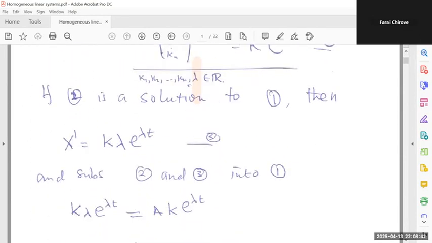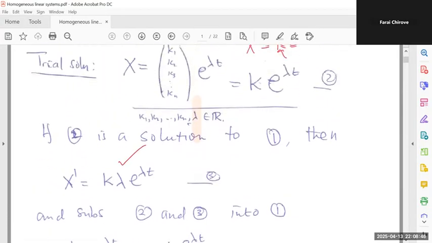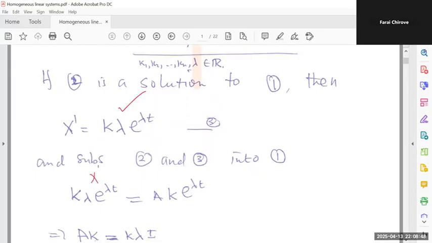So we just need the derivative, go back to the homogeneous system, and substitute our trial solution into it.